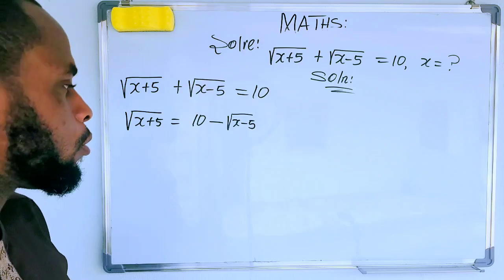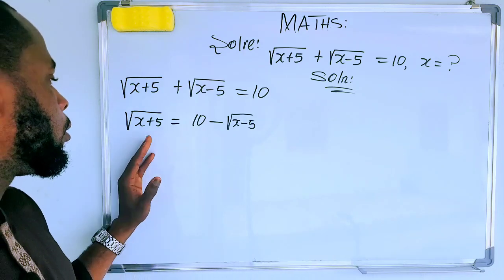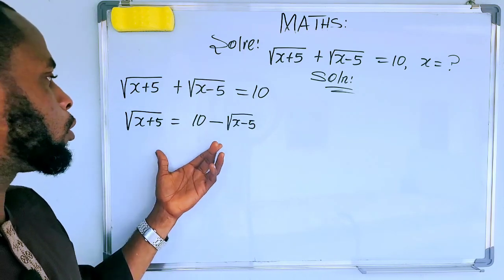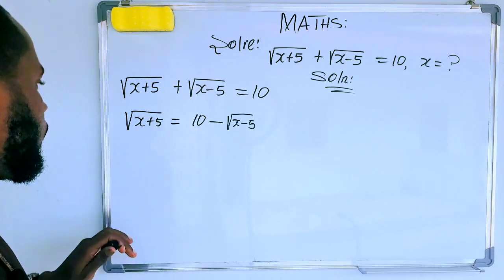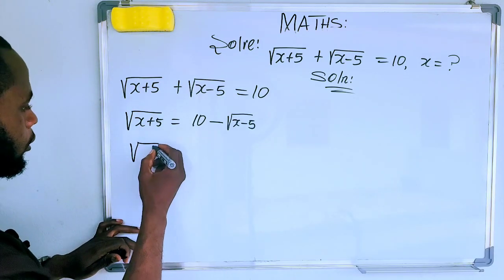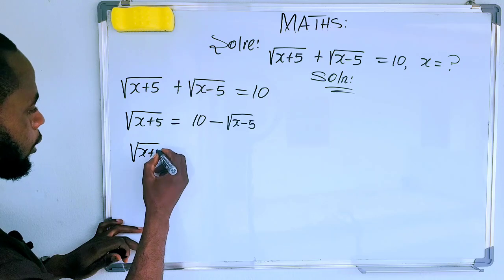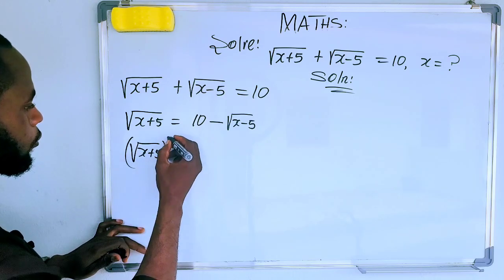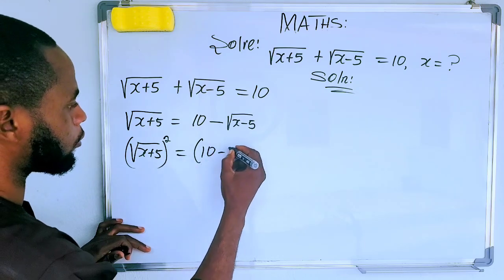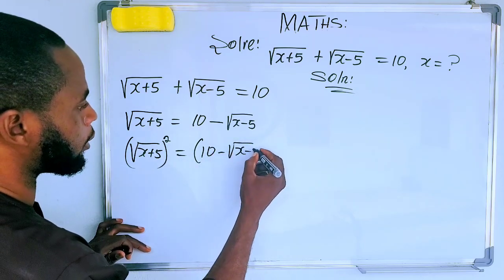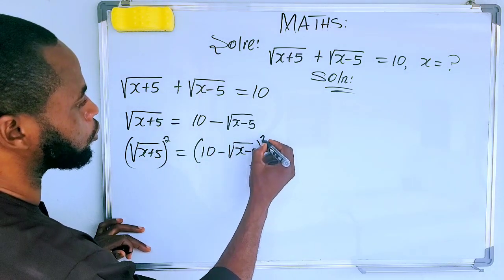Now, the next step to be considered here is for us to square both sides of this equation so that we can remove this radical sign. We are going to square this: square root of x plus 5 all squared equals 10 minus square root of x minus 5 all squared.